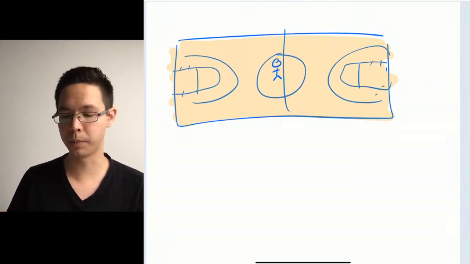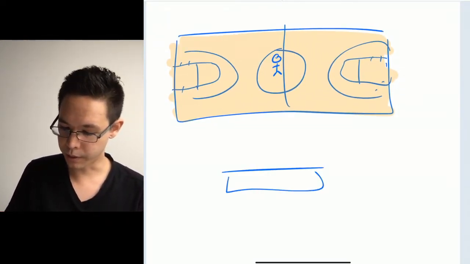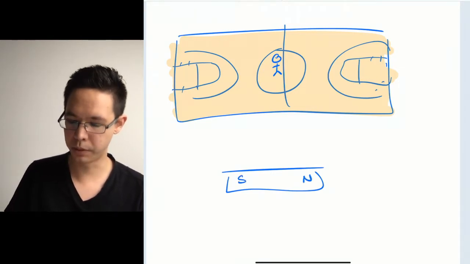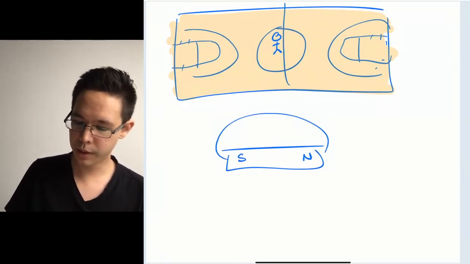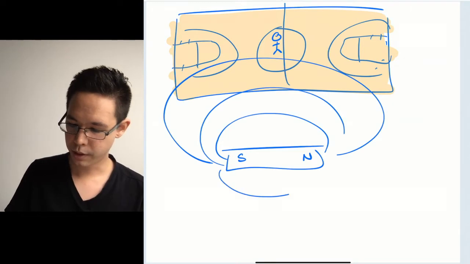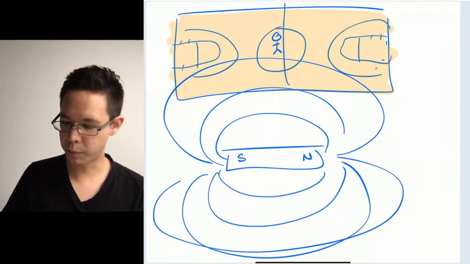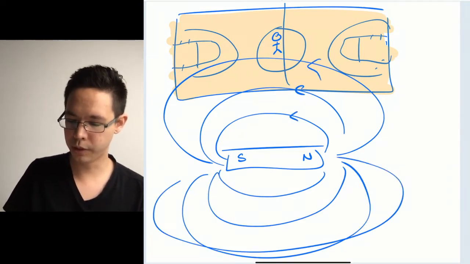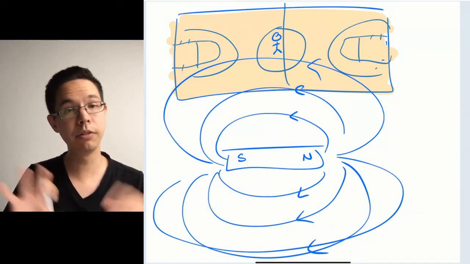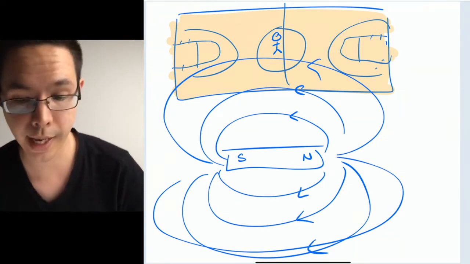If we look at a magnet, and here are my north and south ends of that pole, these magnetic field lines are a little bit like the basketball court, where the magnetic field lines represent the area of influence that the magnetic force has.